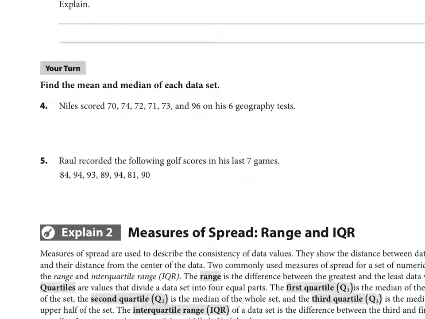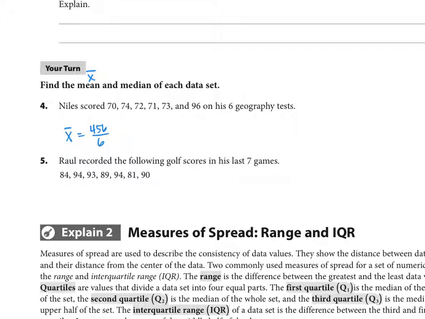Just doing this in my own calculator. When we add them all up, and by the way, for the mean we actually use x with a bar over it. I call it x bar for the notation of mean. And it is 456 divided by the total number of data values, which is 6.